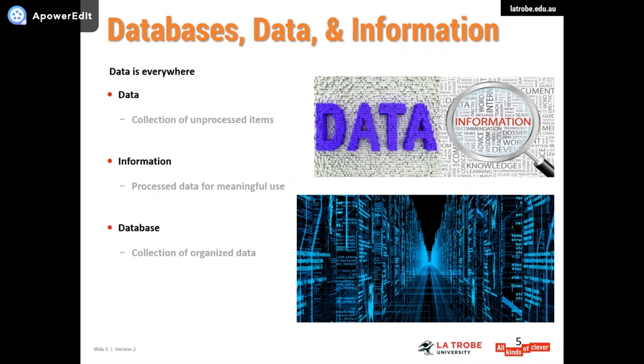Anything can give us a lot of data, like the weather, your cars, your home facilities, your actual daily activities, all will produce a huge amount of data. This data has not been processed, so we call it data. What is information? Information is processed data for meaningful use. That's the major difference.